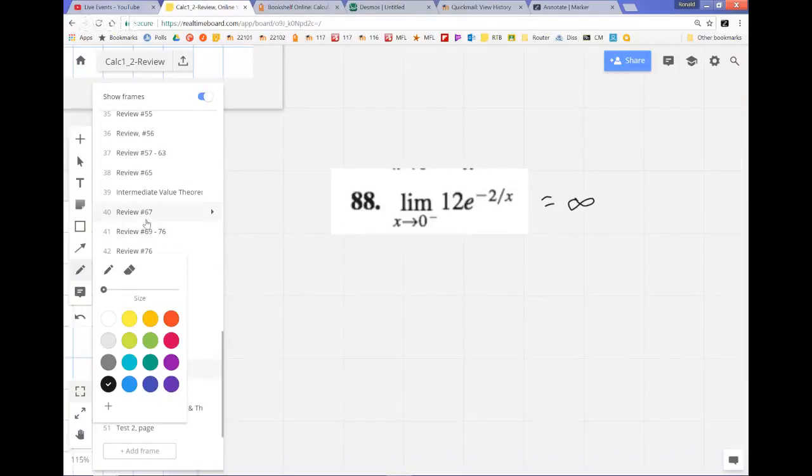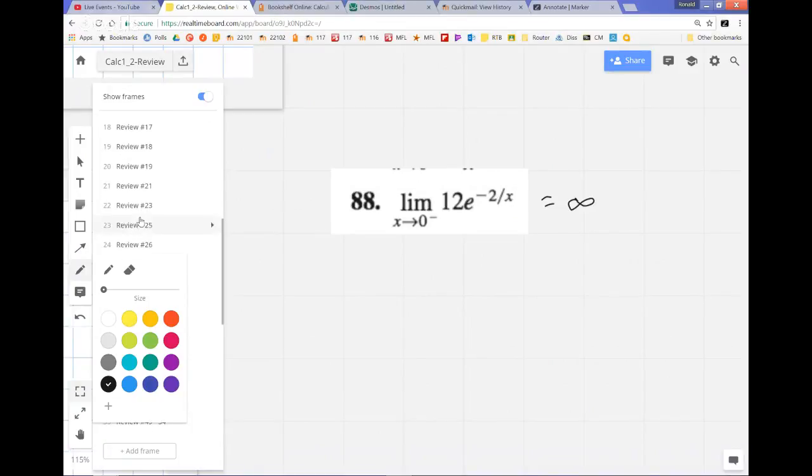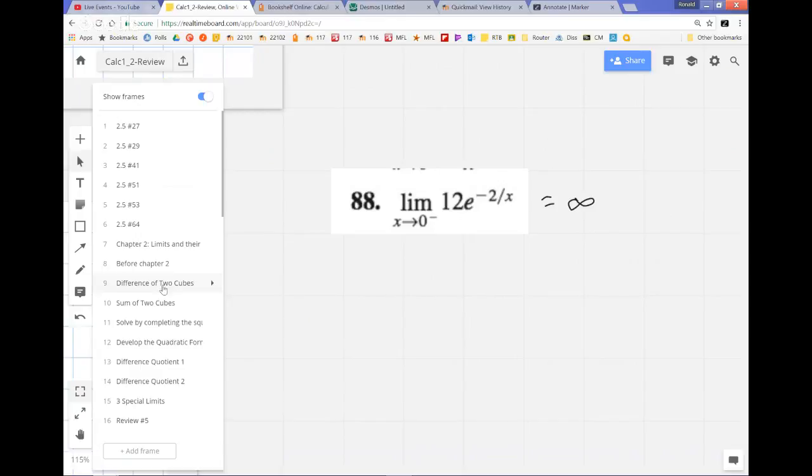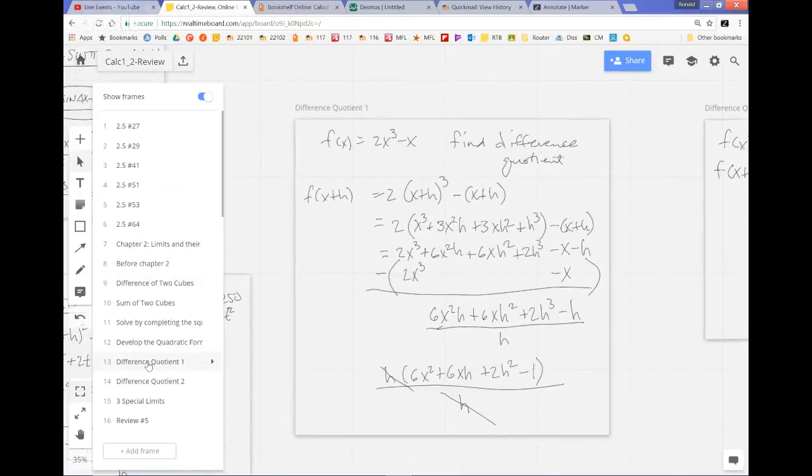So let me go back. So here's the first difference quotient we did yesterday. Yeah, I remember now. I boxed these up so we can look at these again.